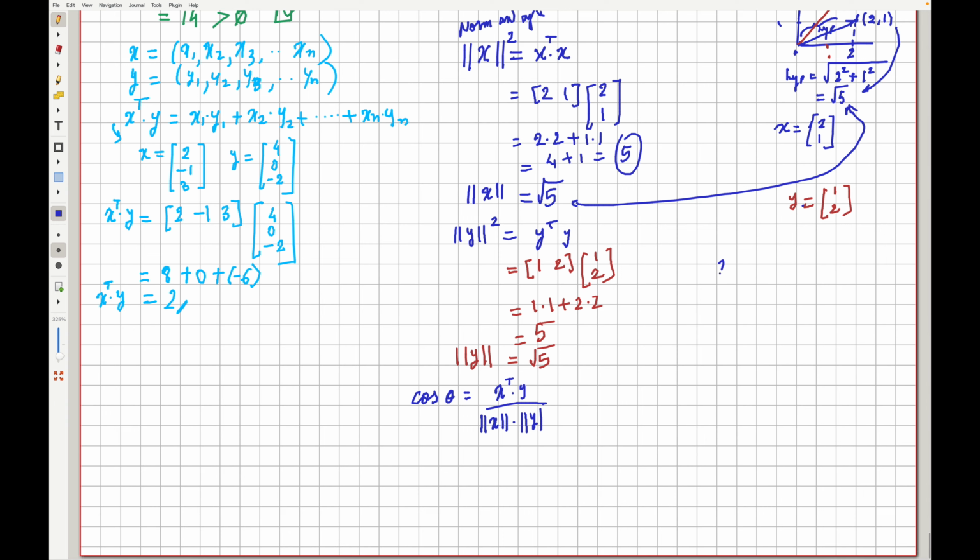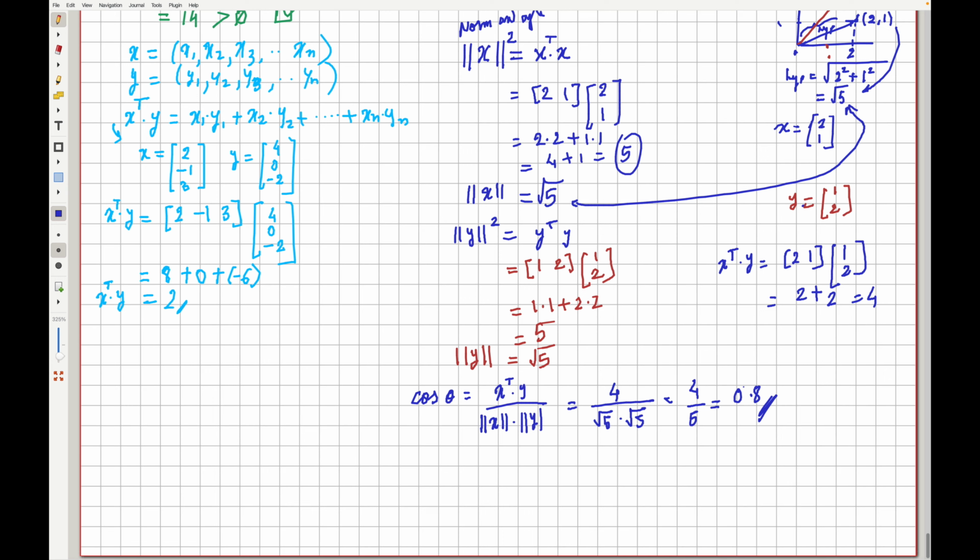The x vector is (2, 1) and the y vector is (1, 2), so the dot product is 2 times 1 is 2, plus 1 times 2 is 2, so we get a value of 4. So this is 4 divided by the square root of 5 times the square root of 5, which is 4 divided by 5, equal to 0.8.